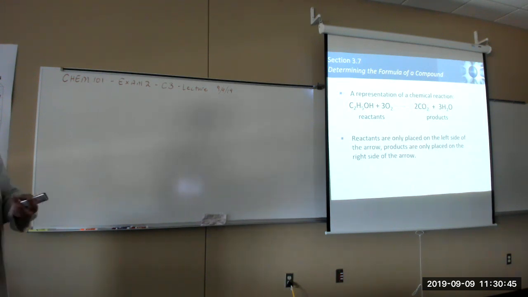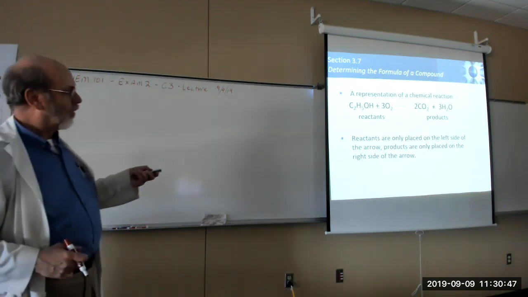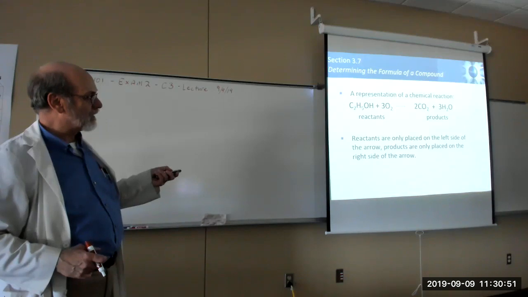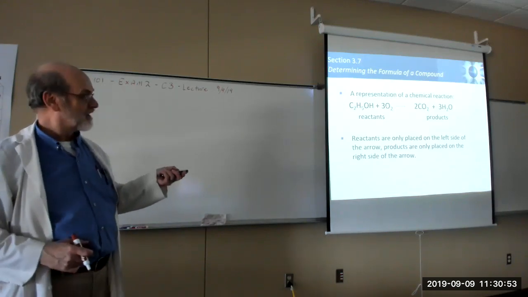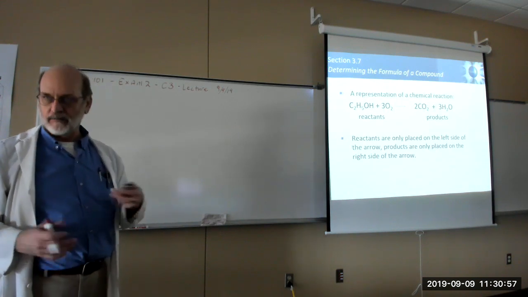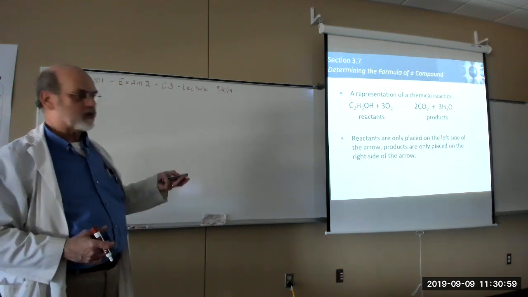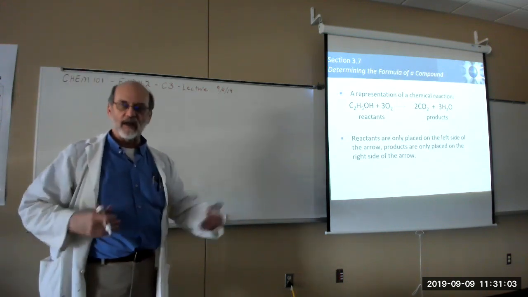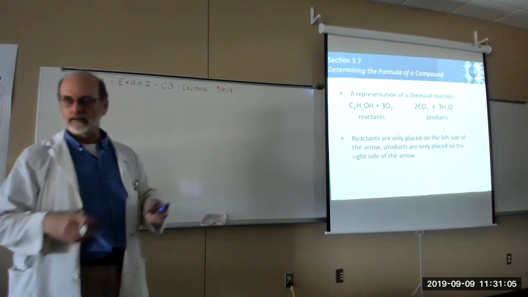That's the way you read it. Or it could be 1 molecule of this plus 3 diatomics yields 2 carbon dioxide molecules plus 3 water molecules. So you can read it either as moles or as individual molecules or atoms.